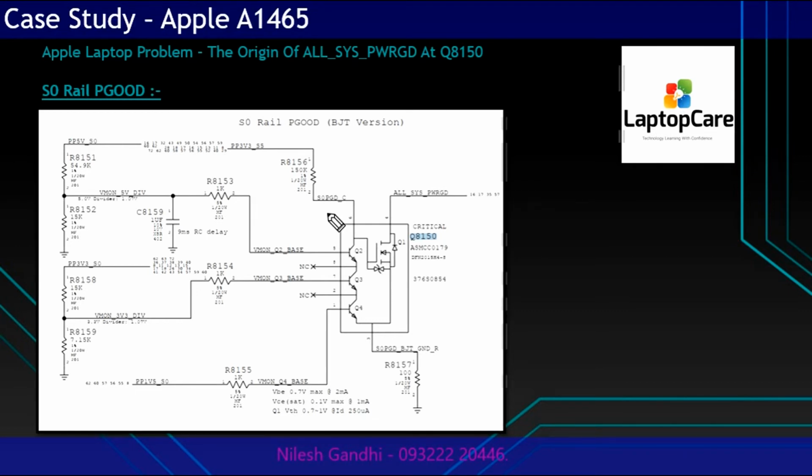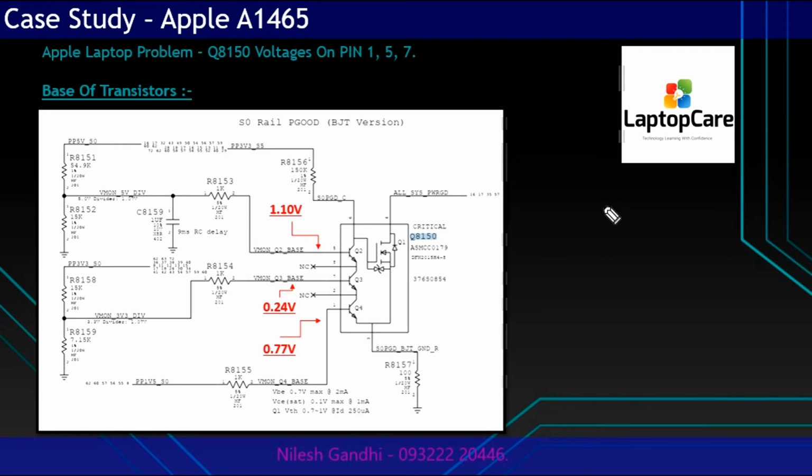All 3 are NPN transistors, BJTs. From semiconductor theory, we know that the base of a transistor must have more than 0.7 volt to turn the transistor on. So before proceeding further, we must check the voltages at pin numbers 1, 5 and 7, which are the bases of transistors Q2, Q3 and Q4.